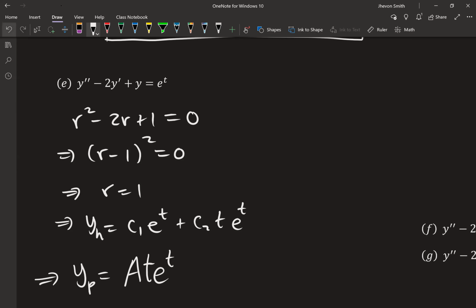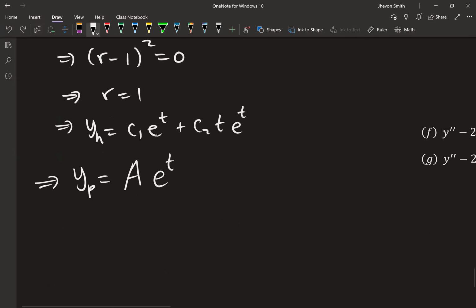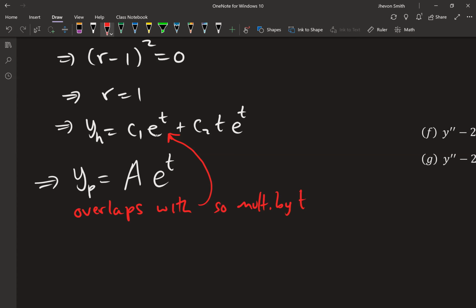Let me write this one out a little bit better. So it overlaps with this, so multiply by t. And so then you would get yp equals A t e^t.